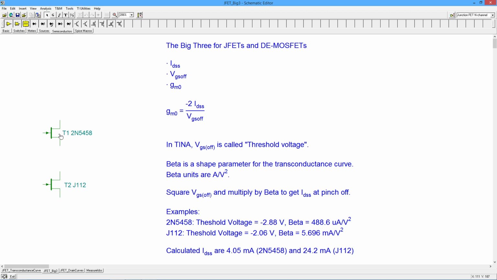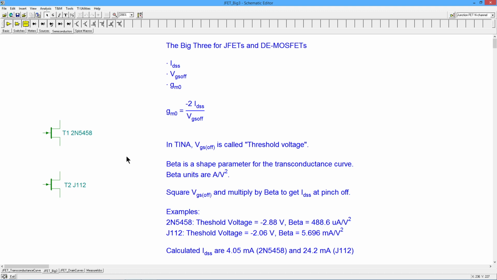And you go into the model and you find the beta parameter and you find the threshold voltage. They might use slightly different names. But as far as the beta is concerned, these are more or less the standard names, threshold voltage and beta. But if they do use a different symbol, the units are kind of a giveaway. Amps per volt squared is not a common unit. So you could just look for that.